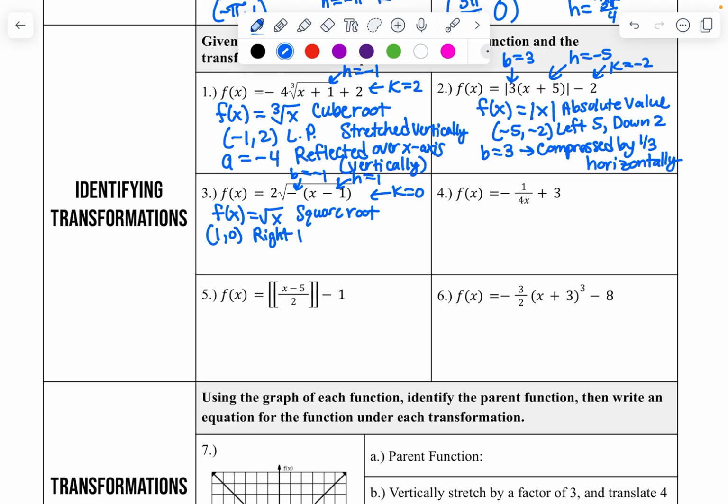So because it's a negative, it would be reflected across the y-axis, so horizontally. And this one here is your a value, so it would be stretched vertically since 2 is bigger than 1.